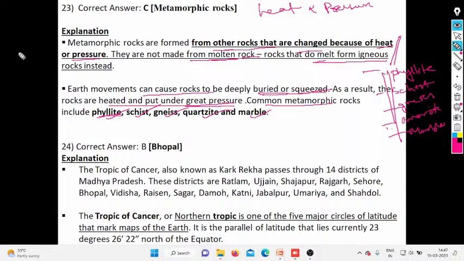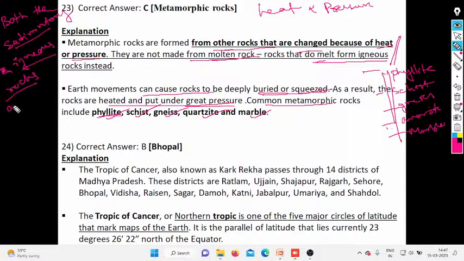If you look at metamorphic rocks, both the sedimentary and igneous rocks have undergone metamorphic forms.